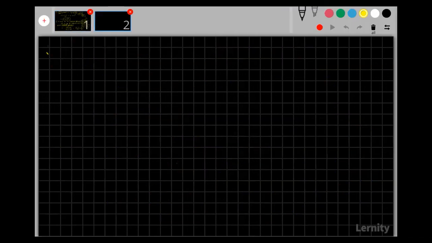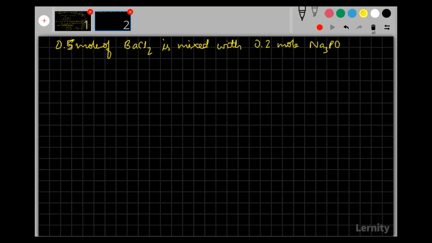The next question, we'll do a limiting reagent question. 0.5 moles of barium chloride is mixed with 0.2 moles of sodium phosphate.